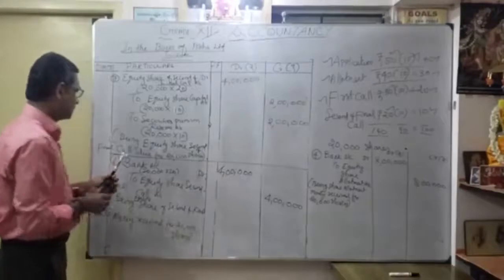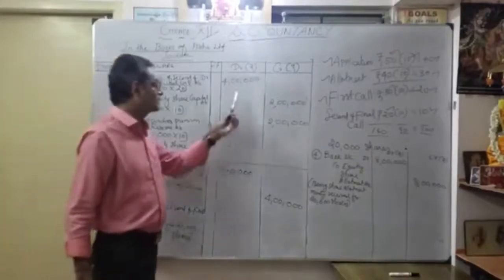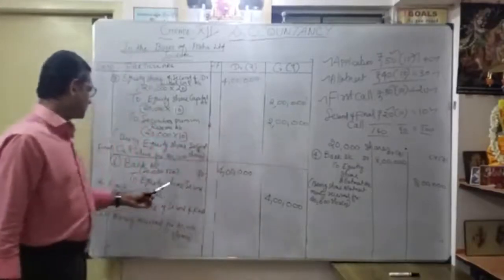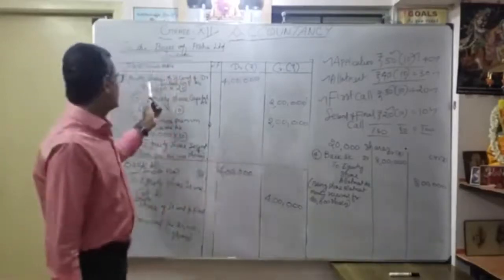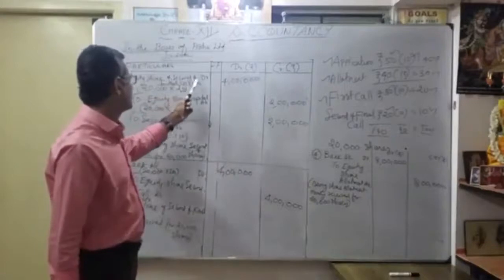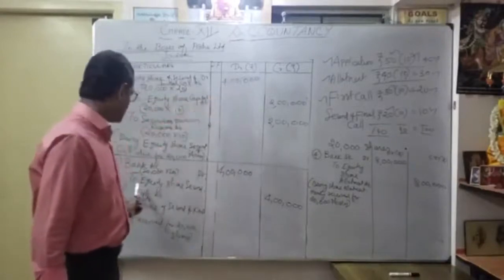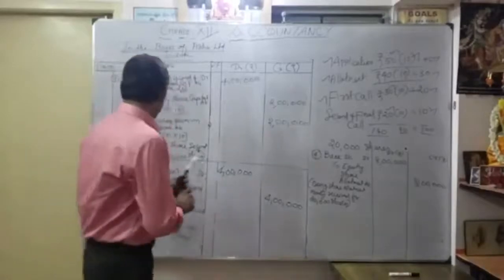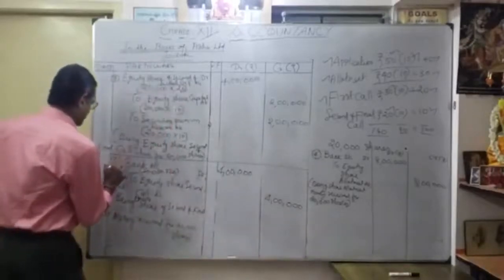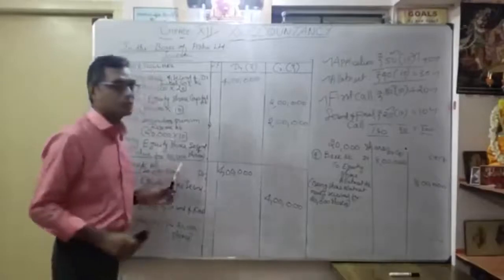You understood now? So bank account debit 4 lakhs, the entire 4 lakhs, to equity share second and final call account 4 lakhs. Now you see the entry. What I debited: equity share second and final call account 4 lakhs. Here I have credited equity share second and final call account 4 lakhs. This is the 8th entry. Now you understand the preparation of journal entries.